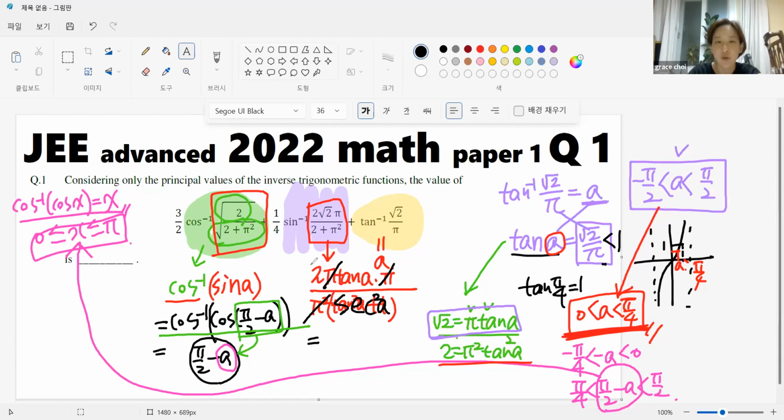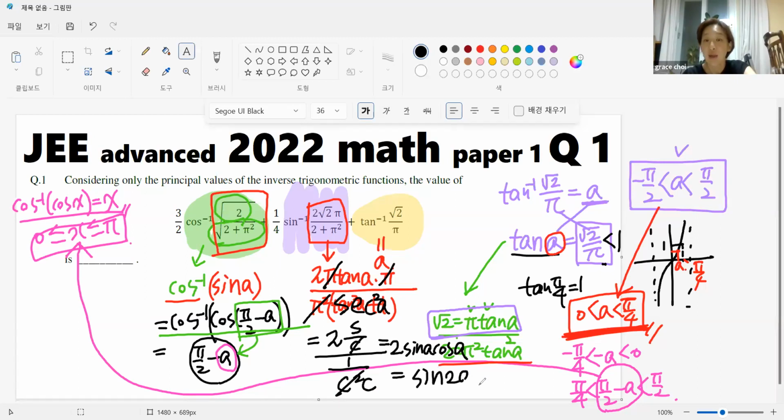Very cool. The numerator is 2 times sine over cosine, the denominator is secant squared, 1 over cosine squared, and simplifying more, we get 2 sine A cosine A. That is the sine double angle identity, right? Sine 2A. Very cool.